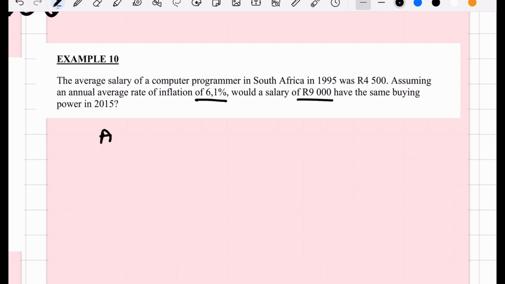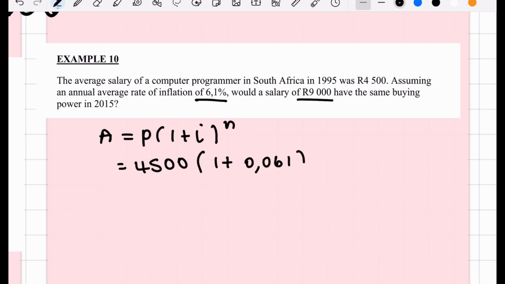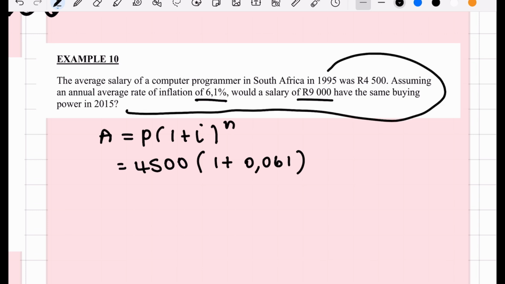So once again, you start with your compound interest. And now you say, okay, if my original value was 4,500 Rand for my salary, my inflation was 0.061, and how many years elapsed between 1995 and 2015? That is 20 years. So after 20 years, what would I expect my salary to be? Or a starting salary. Let's not think about all the other factors of experience and things like that.